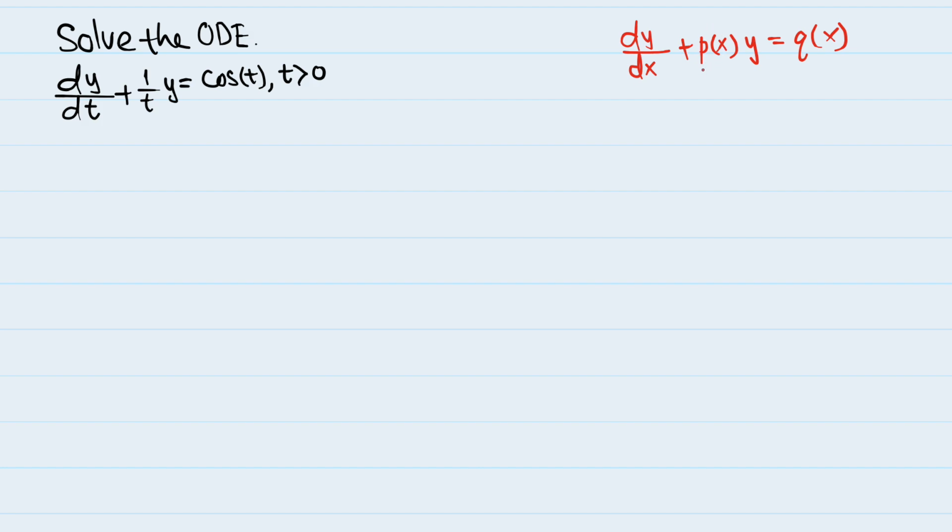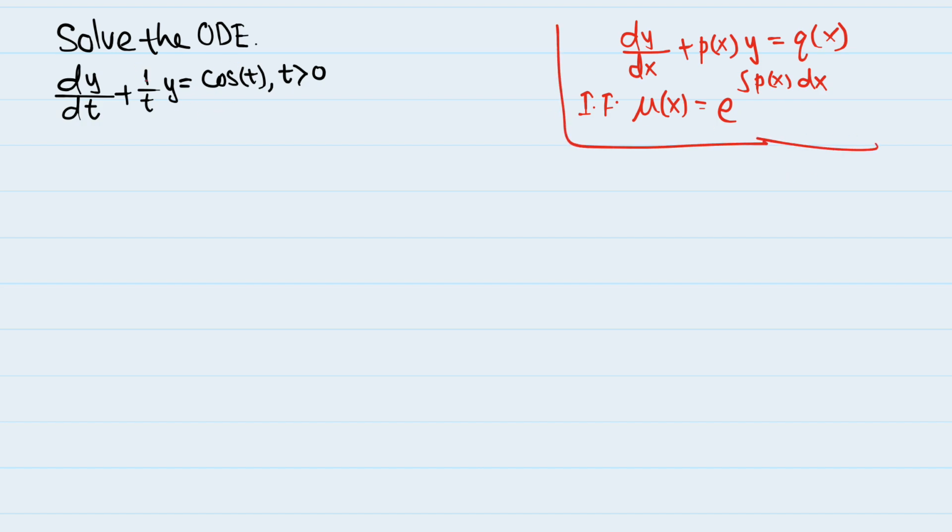If that is a function of the independent variable, in this case x, then this is called a linear differential equation. And to solve, we find the integrating factor. The integrating factor is e raised to the integral of this function.